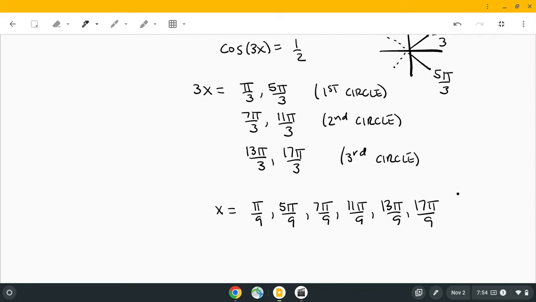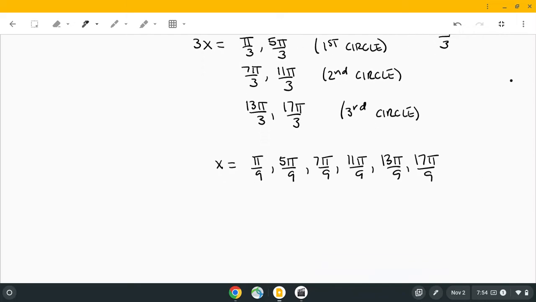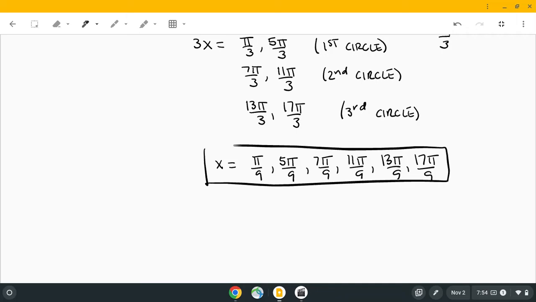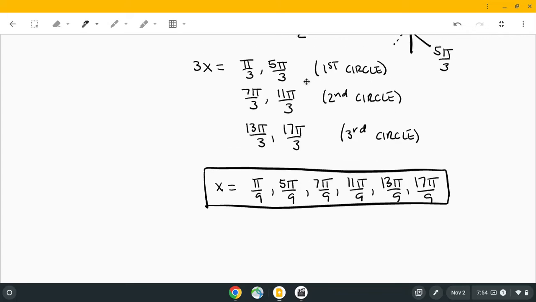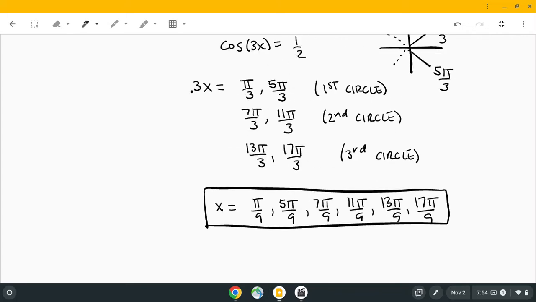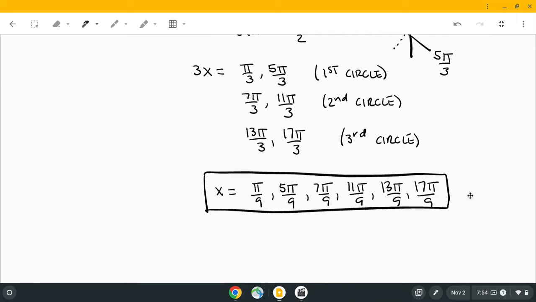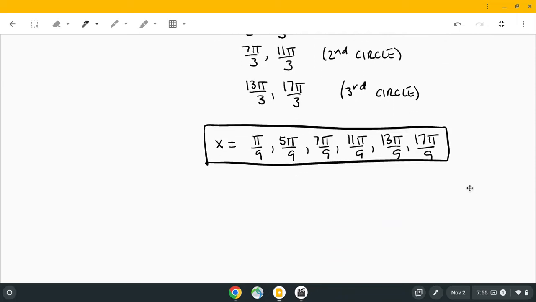So these are our solutions. We start off outside of 2 pi, but once we divide everything by the multiplier, we end up within our restrictions.